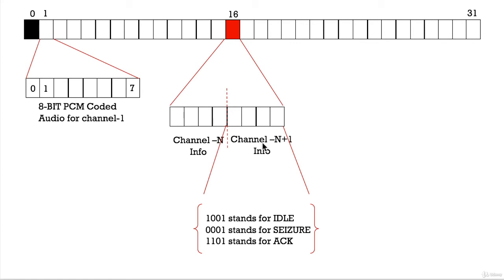And this is one of the drawbacks of channel associated signaling, because if the same physical media is used for transmitting the control as well as user data information, then it is not possible to optimize each one for the best throughput.